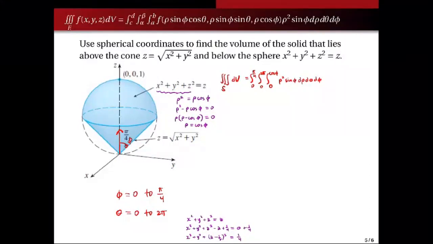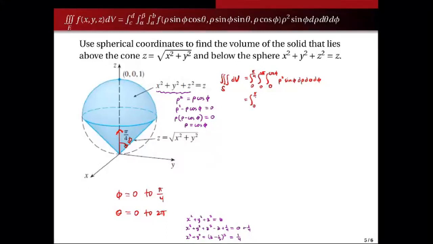So in this case, we cannot separate somehow because you have a non-constant upper limit of integration. So let's evaluate first with respect to rho. Since you just have a polynomial here, you take your sine phi as constant, so evaluation will be easy. So this will be the integral from 0 to pi over 4, integral from 0 to 2 pi, and then you will have your rho cubed over 3, evaluated from 0 to cosine phi.